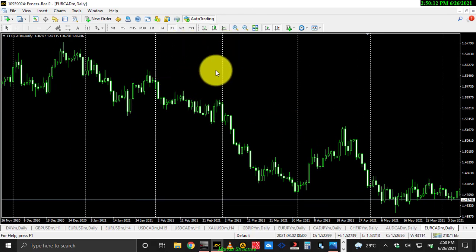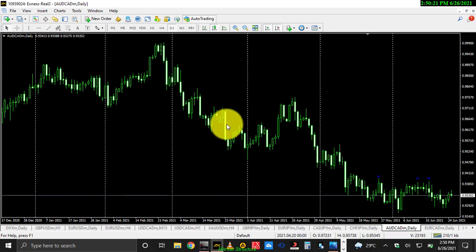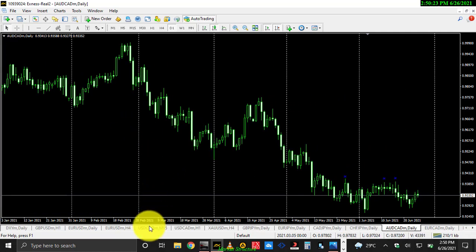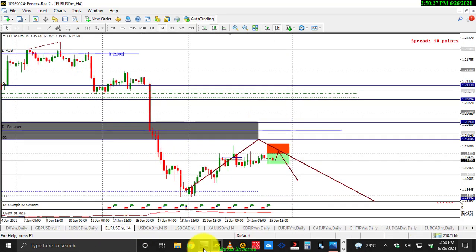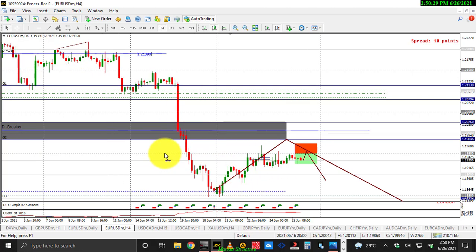So when you want to consider market structure, first of all you want to know all these swing points that we've talked about.